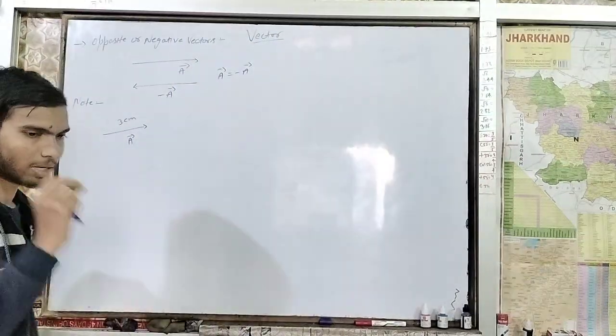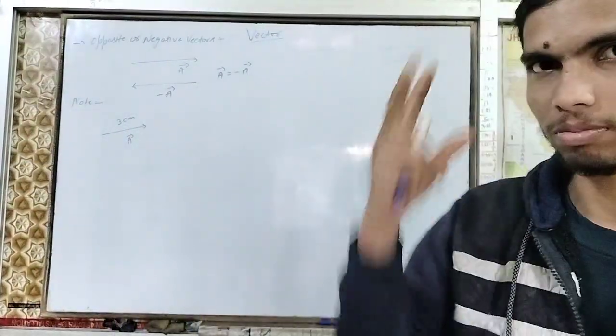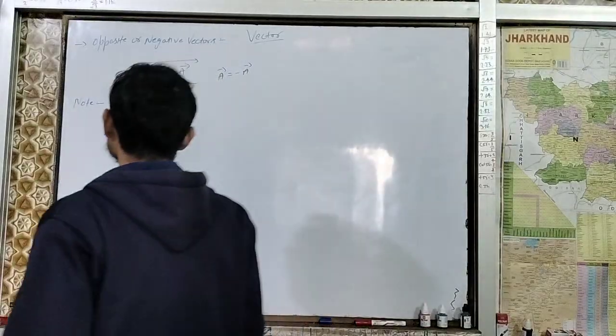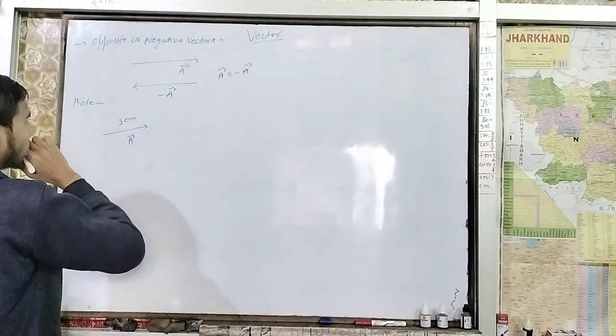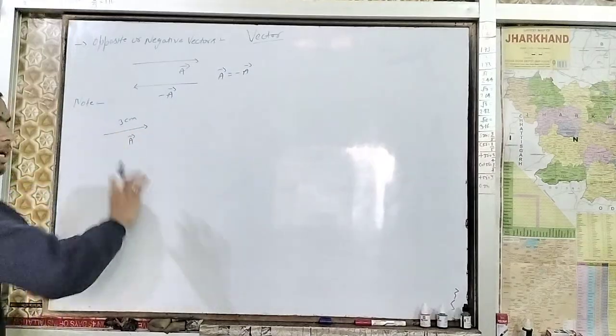For example, we multiply this a vector by 2. Here 2 is a positive real number.